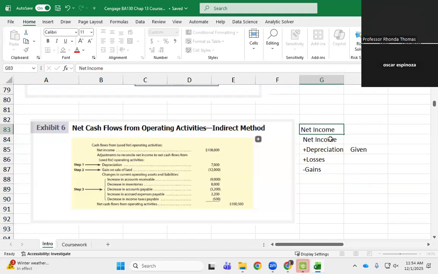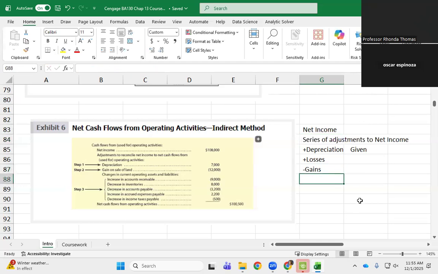We're going to adjust, so we'll have a series of adjustments to net income. Remember, an adjustment is either up or down. So there it is. Now we're going to review current assets and liabilities.